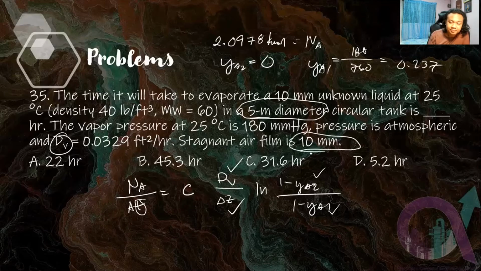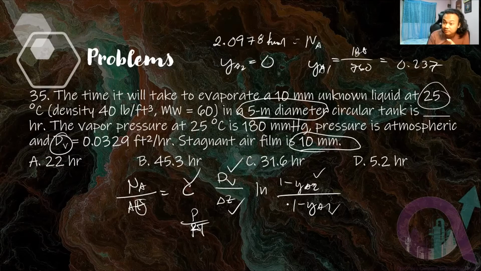10 millimeters. So you have this C, no? That's P over RT. So you know this already. So P, how much is it? 1 atm, just 1 atm. And then T is 298 because this is 25 degrees Celsius, right? So shift solve to find T. T is equal to 31.6 hours.